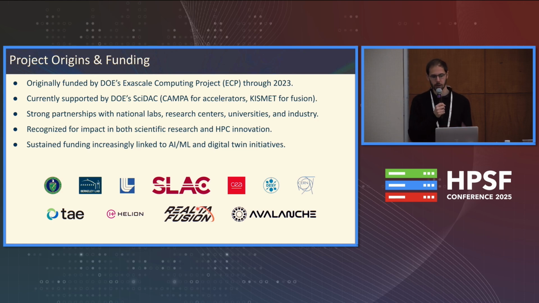We have been growing our partnerships with some private fusion companies such as TAE Technologies, Helion Energy, Realta Fusion, and Avalanche. And as far as funding goes, looking ahead, it's fair to say that our ability to continue having sustained funding will be linked to our ability to incorporate and integrate AI/ML workflows into our HPC code base.